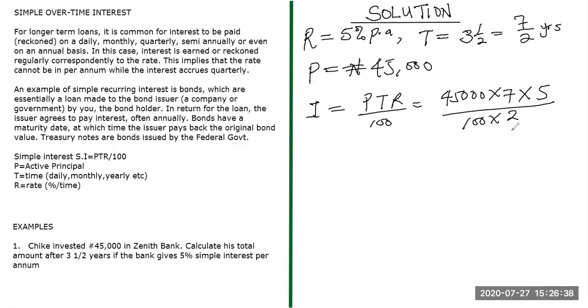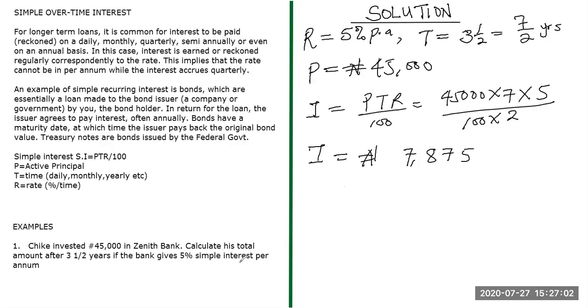So you can see that the 2 came down. All right. So when we simplify this, 45,000 multiplied by 7 and 5, divided by 200, we say our interest is equal to 7,875 naira. So that is our interest.